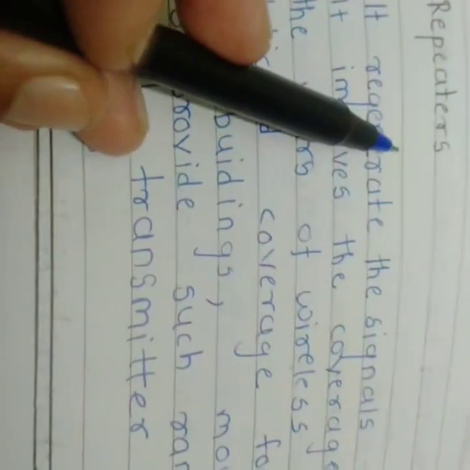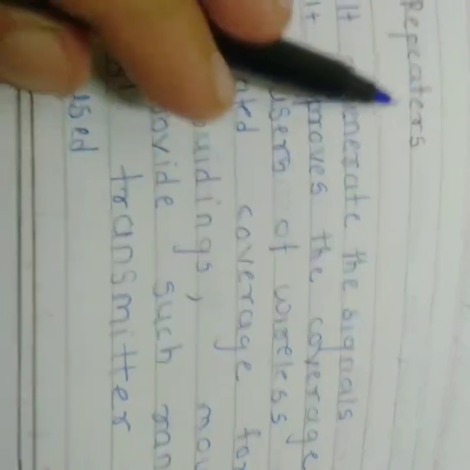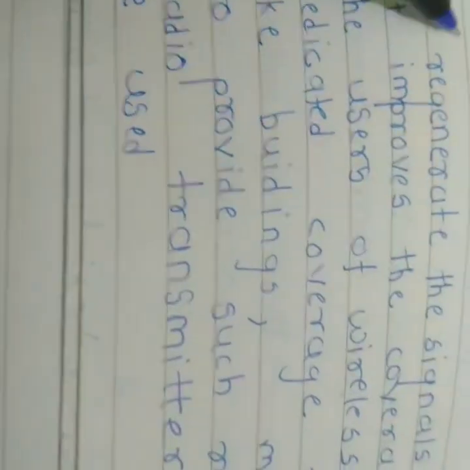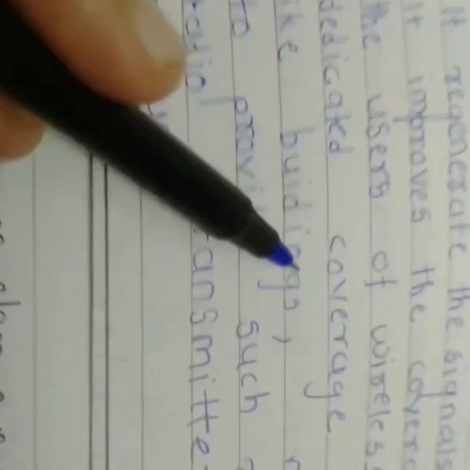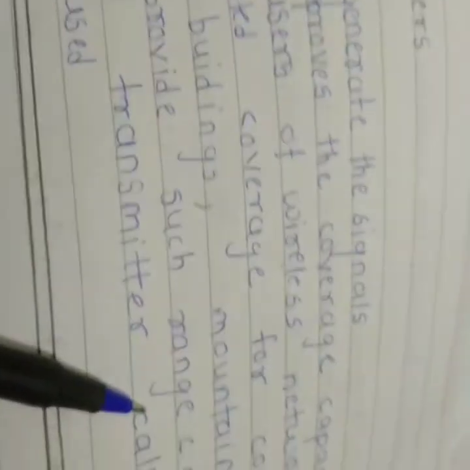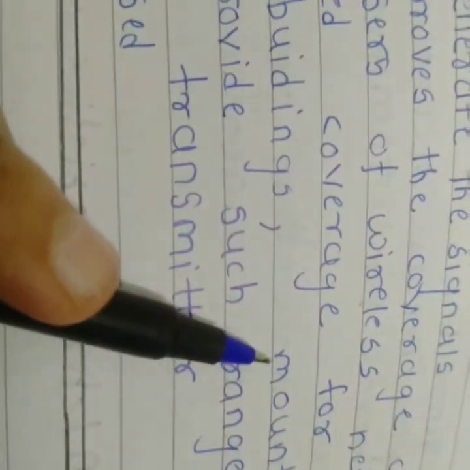Last is repeaters. It regenerates the signal. As its name indicates, it repeats something. So it regenerates the signals. It improves the coverage and capacity, as users of wireless networks require dedicated coverage in areas like buildings, mountains, and valleys. We can't go with a wired system to cover buildings with wire.